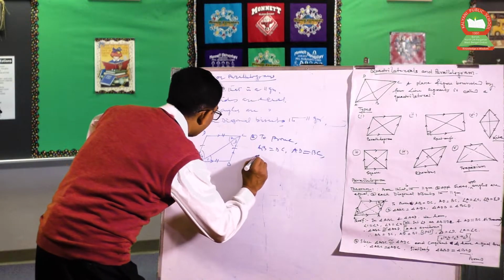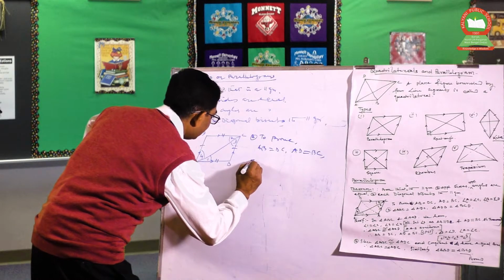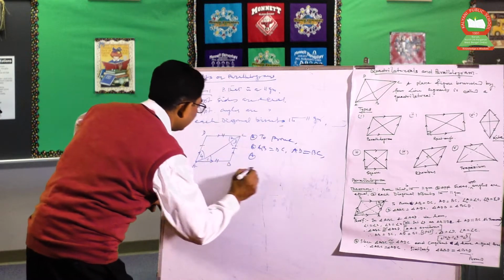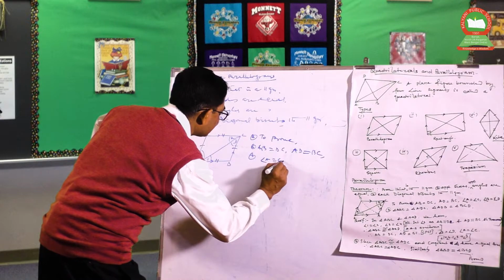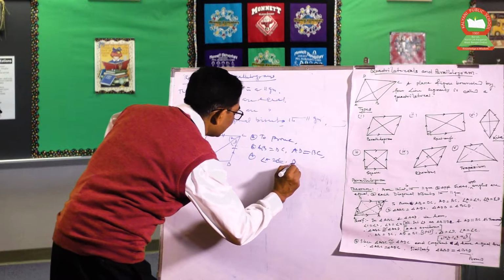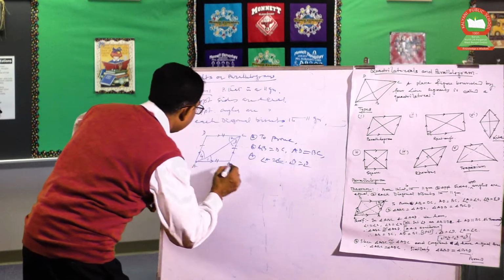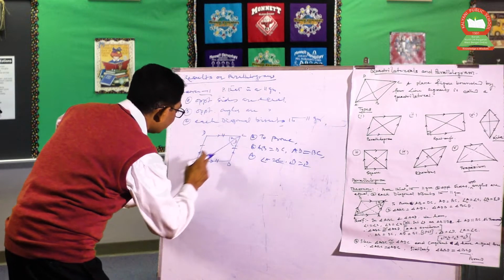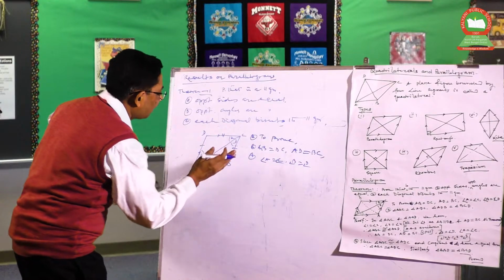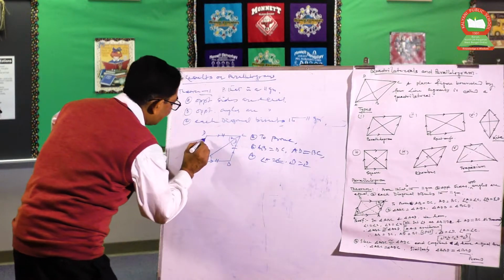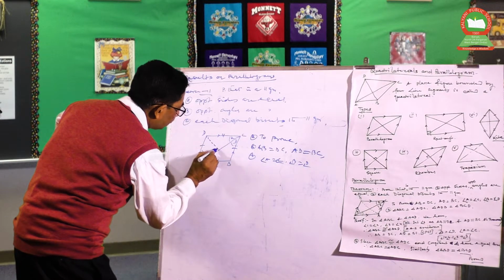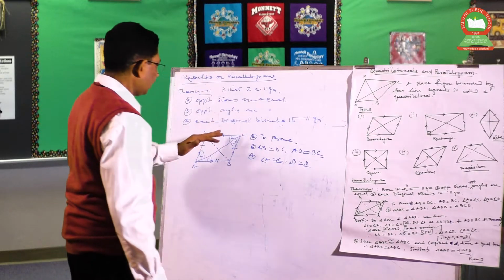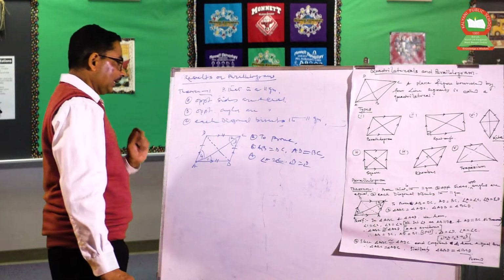Next one is opposite angles are equal, that is angle A equal to angle C and angle B equal to angle D. And the diagonal bisects this parallelogram into two halves; it may be the other diagonal too. This is also bisecting these two triangles into equal areas.